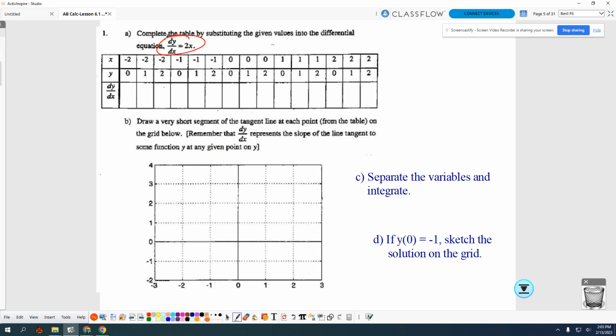Asher, does the y value get used in our slope? In calculating slope? So that doesn't matter at all. Okay, so Ananya, when I plug in -2, what slope am I gonna get? -4. So guys, go through and calculate what these values are. So the x value times 2 is our slope.